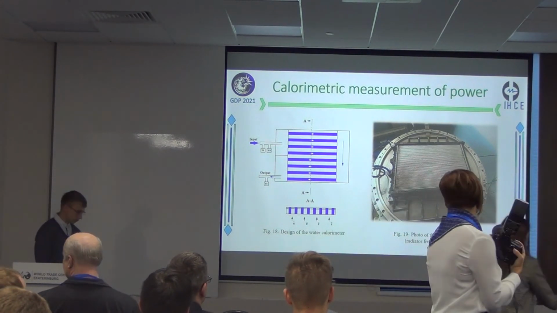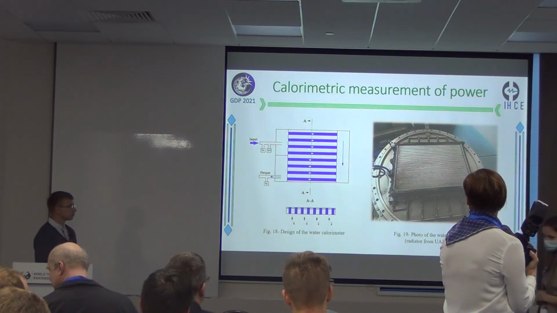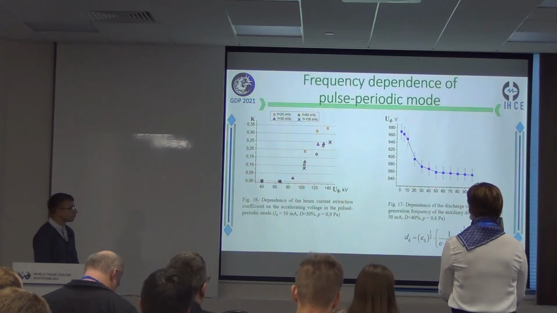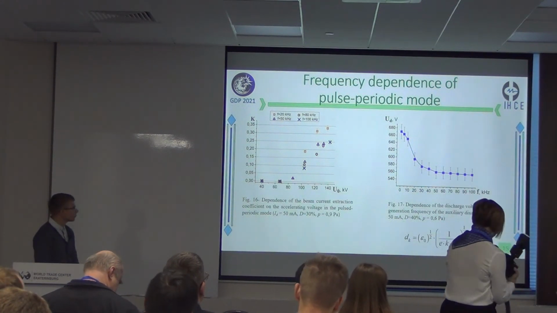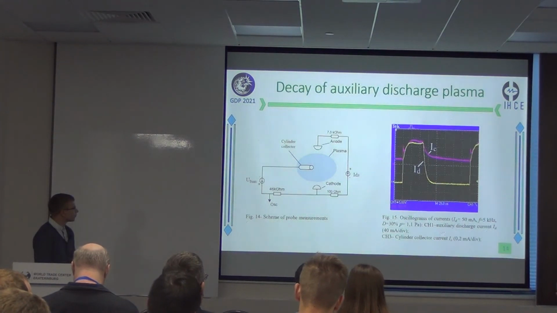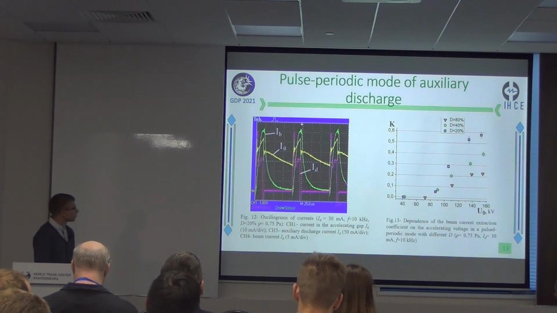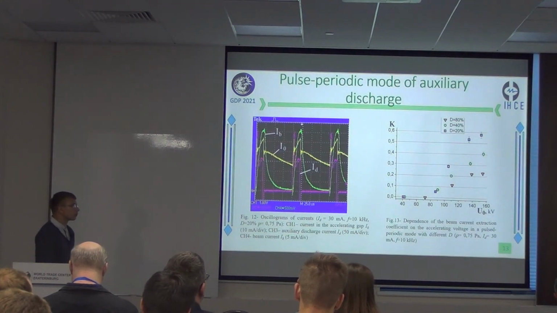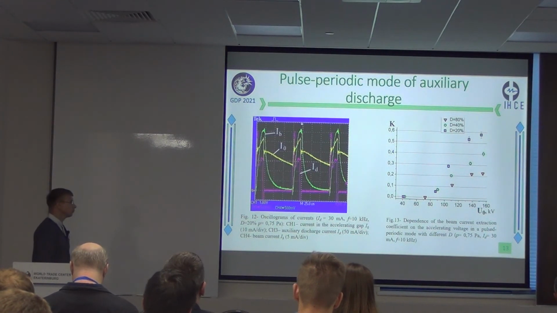When you use the pulse periodic regime mode, there is a decay time between the pulses, the decay time for plasma. So the conditions for the formation are not optimal in this case, and you should have lower values of beam extraction efficiency. I do not understand why you have a higher efficiency in the pulse periodic mode.